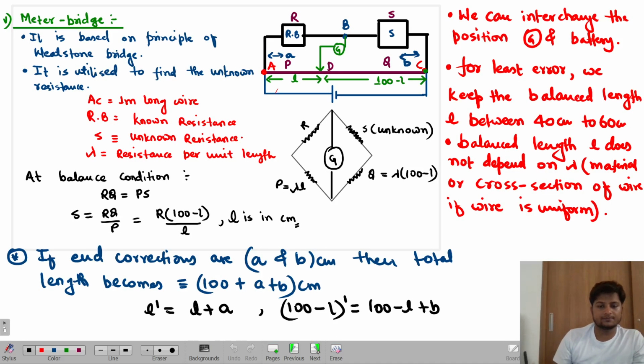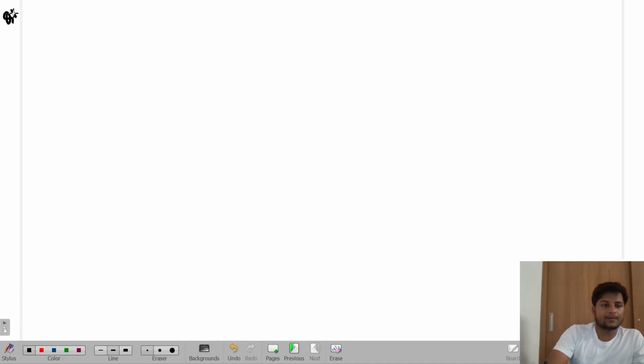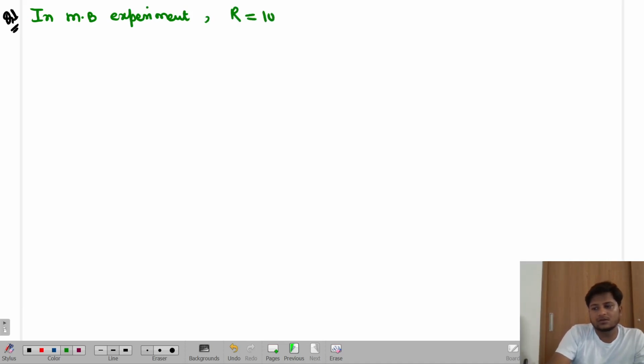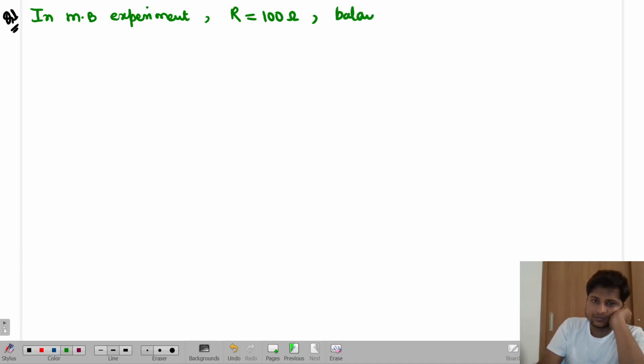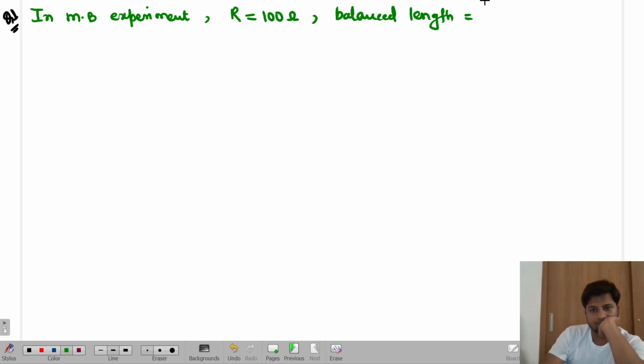In meter bridge experiment, known resistor R is given, 100 ohms. Balance length is 48 centimeter.